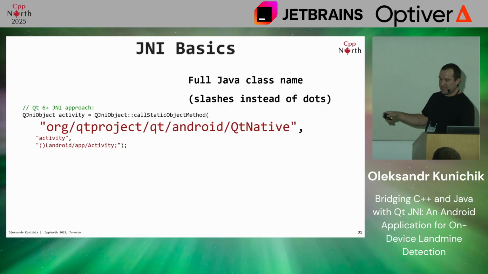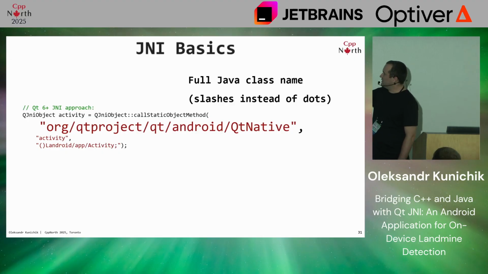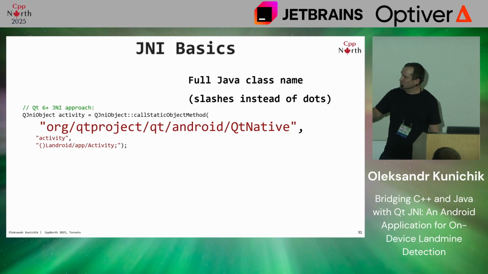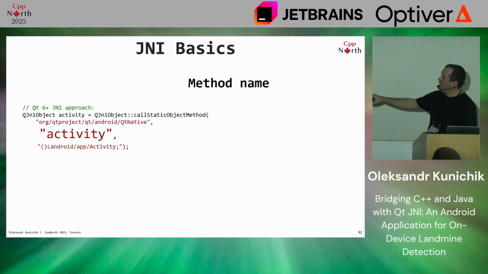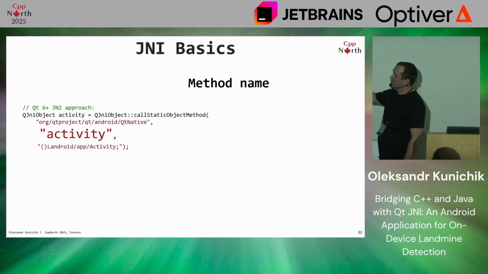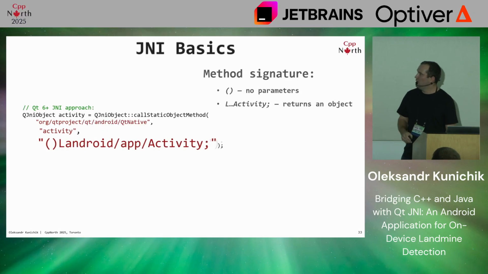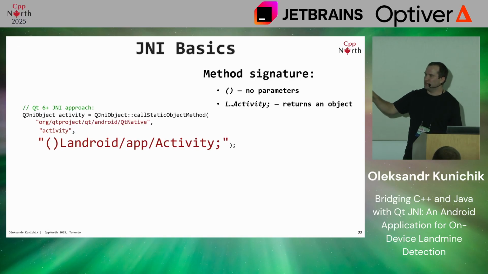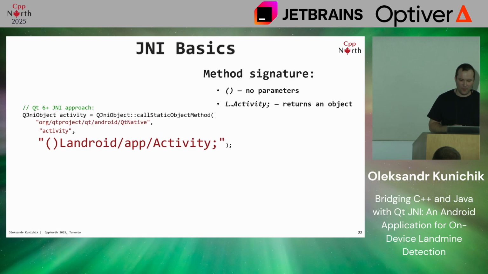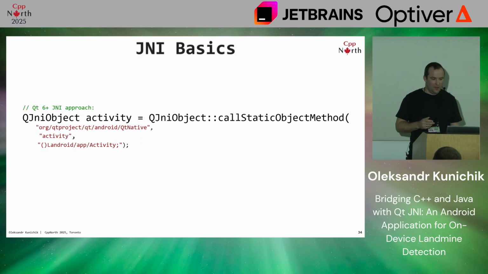So, as I said, this is the class name. Notice that there are no dots, only slashes, except for the dots. Then activity is the name of the method, and this is the signature, so parentheses with no parameters, and after this, the object which the function returns, the object activity.